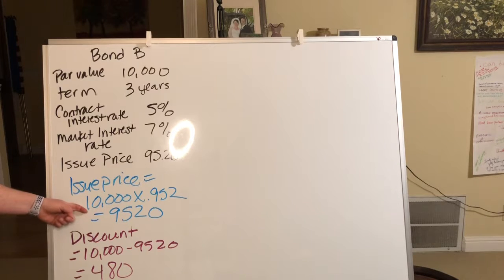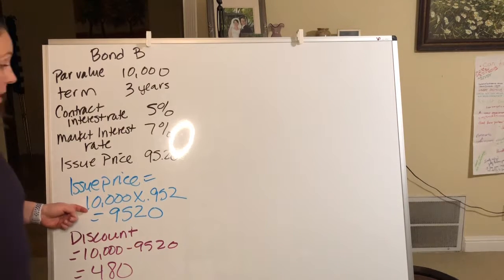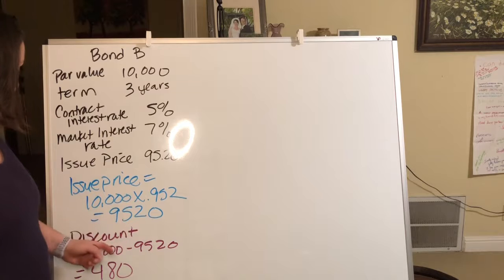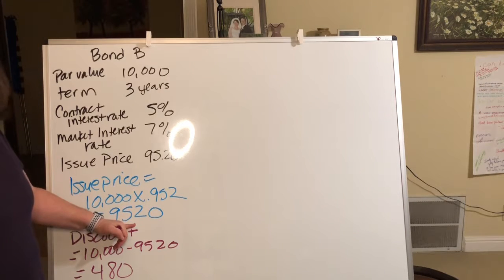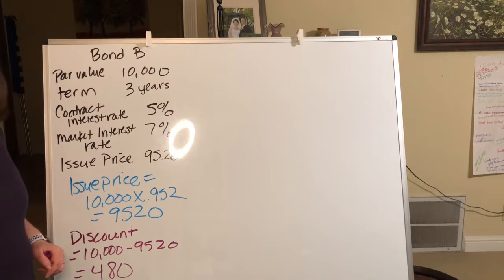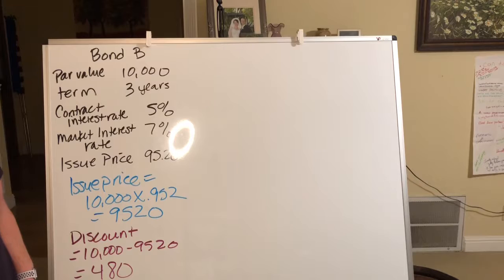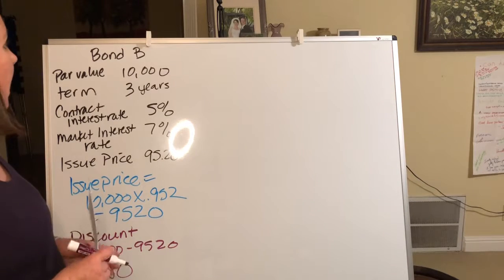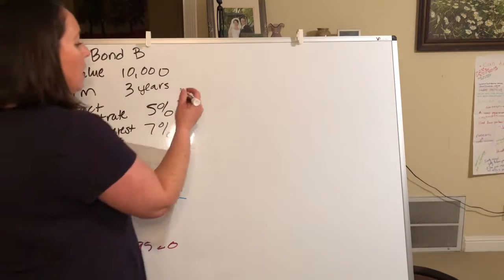My par value, $10,000. My issue price is $9,520. When I take $10,000 minus $9,520, $480 is my discount. Okay. Now I think we can make room right here.